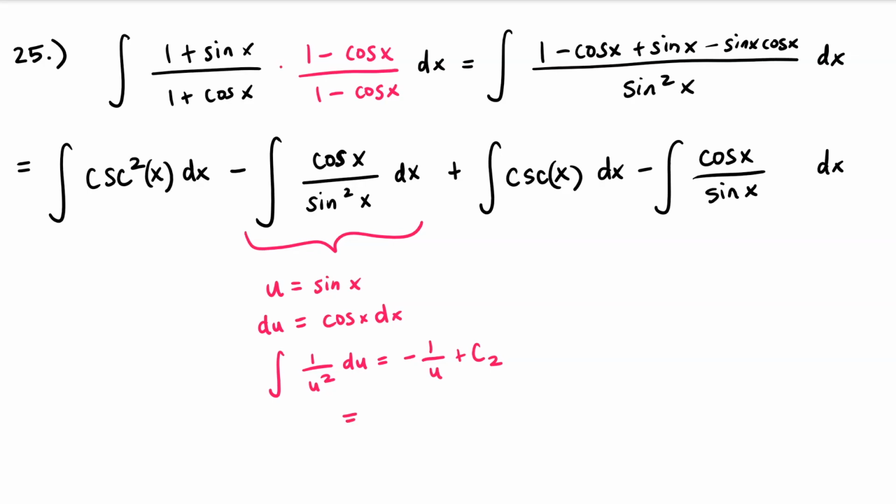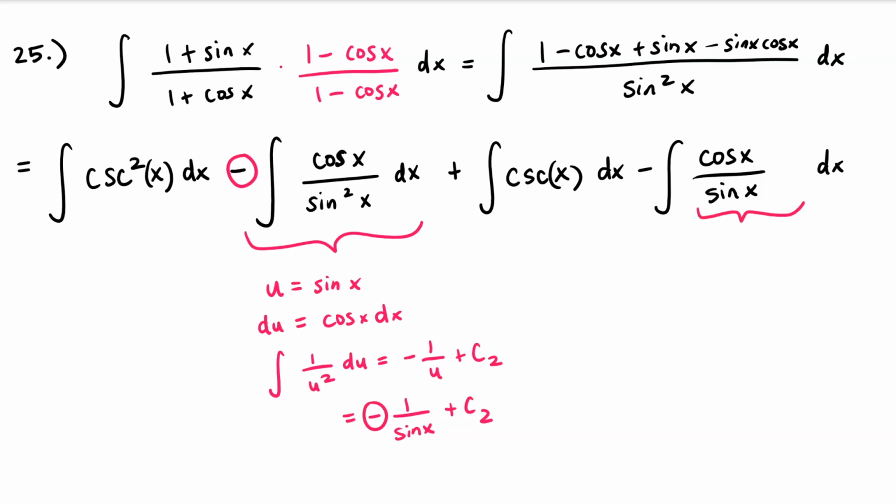And then I can plug u back in. And what's going to happen is this minus and this minus will end up changing that into a plus in the end. Let's see what else we can integrate.